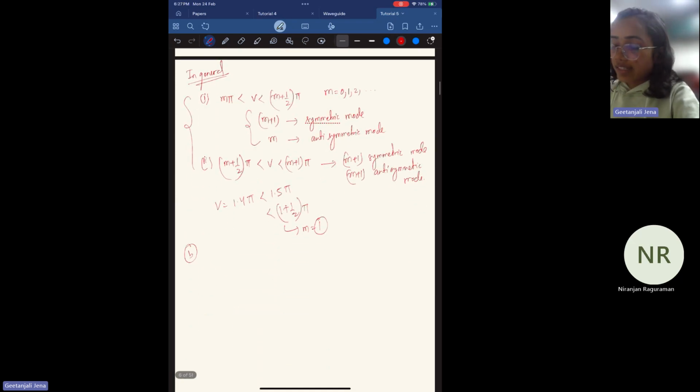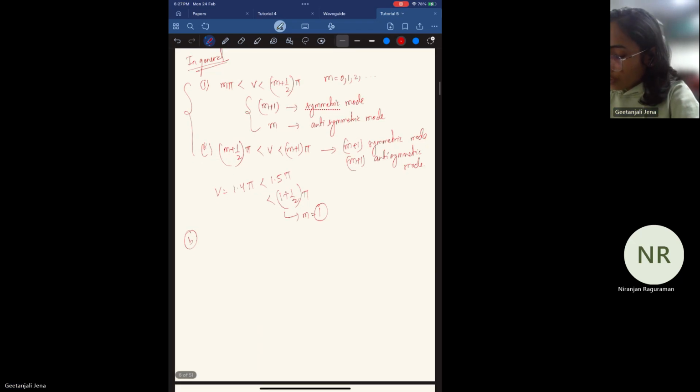So it's not a single moded operation at lambda 0 equal to 1 micrometer. For single moded operation, V should be less than pi by 2. So just put the definition of V, k0 a root over n1 square minus n2 square. It should be less than pi by 2.